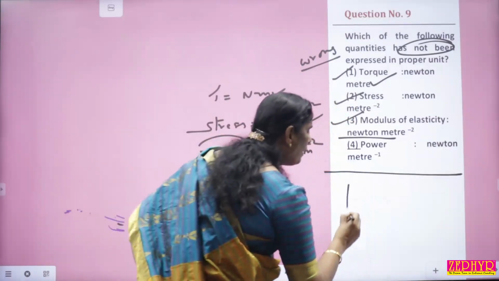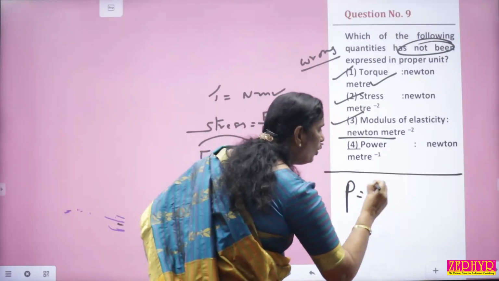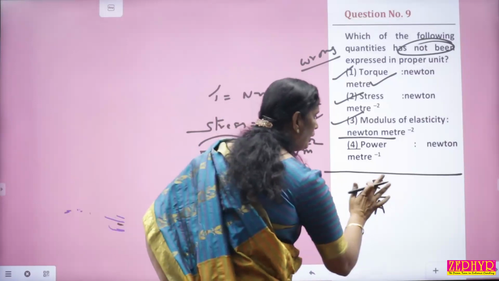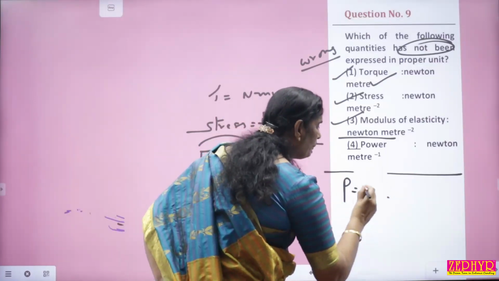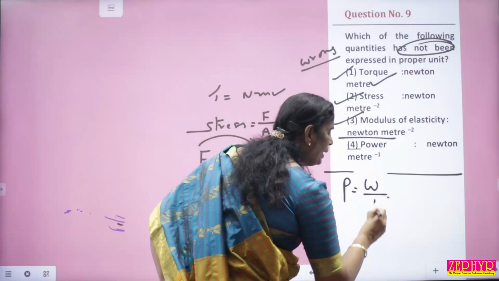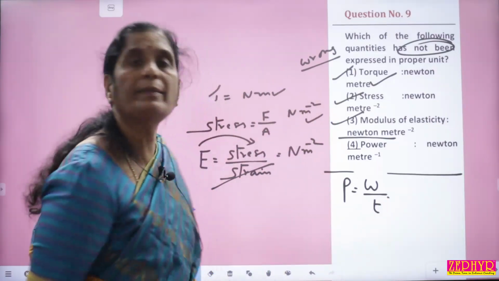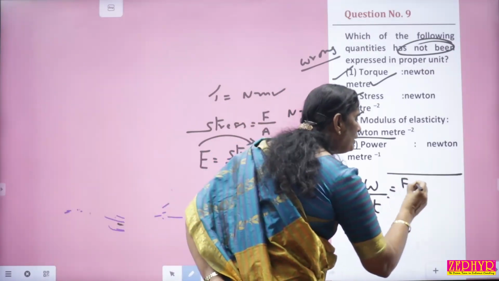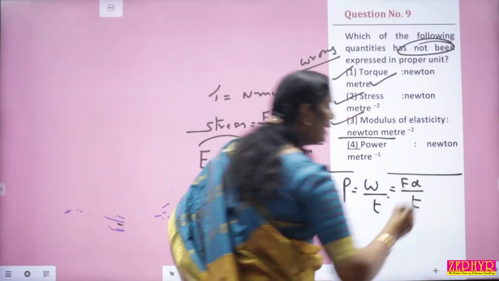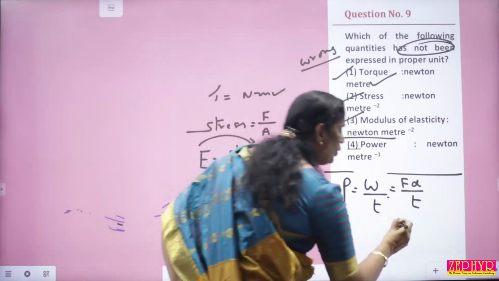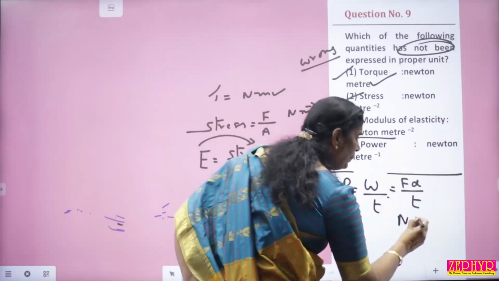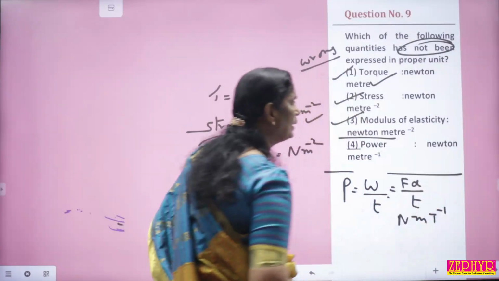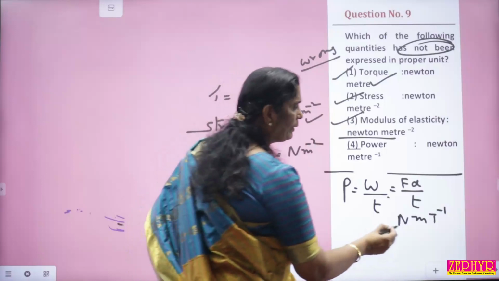Okay, power. What is power? Power is nothing but W/T. Power is nothing but W/T. W is nothing but force into distance, divided by T. Force in Newton, distance in meter, time raised to -1 we will get.